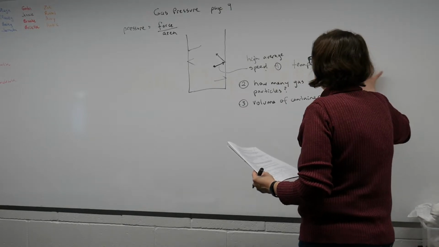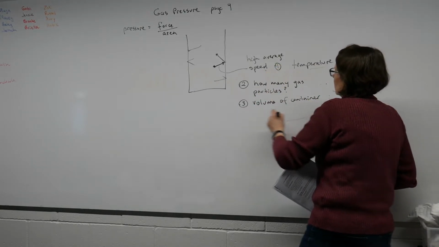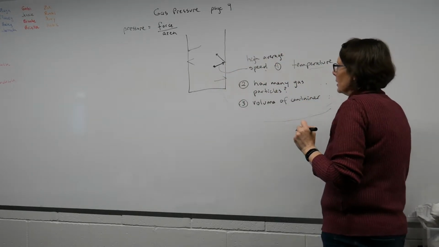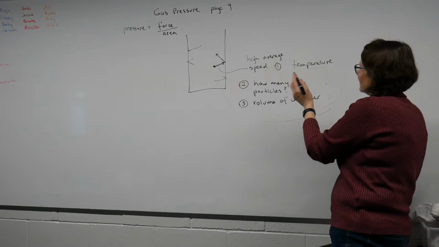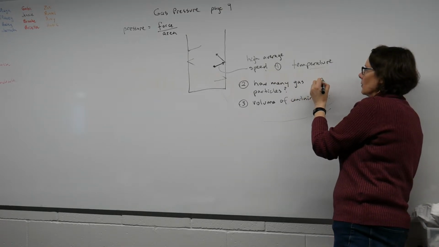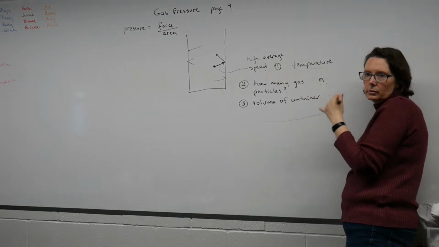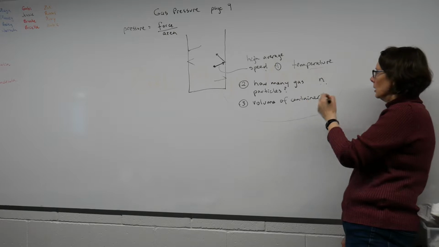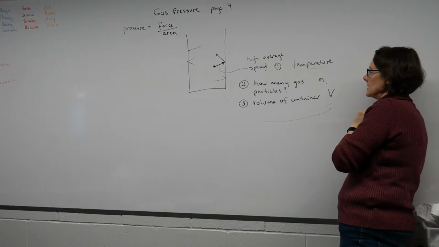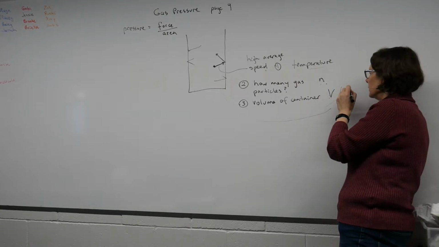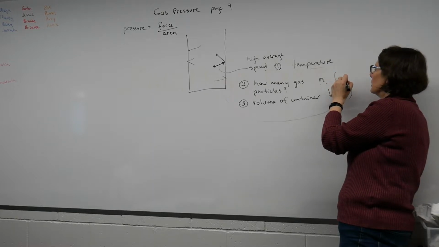Okay, so this is what we need to think about when we're thinking about pressure. So, in actual fact, what we've got here, this would be N, wouldn't it? The number of particles we will count in moles. Volume we're going to count as V in litres, like we've done before.